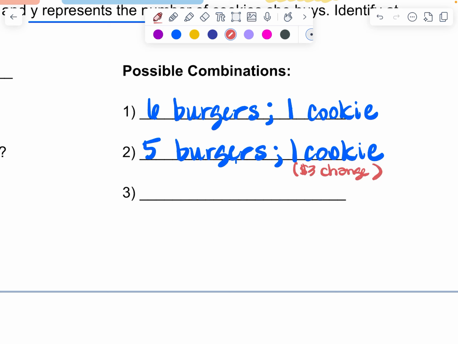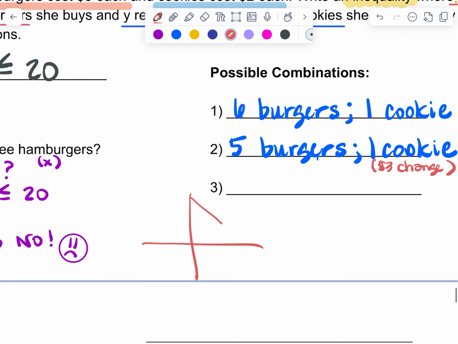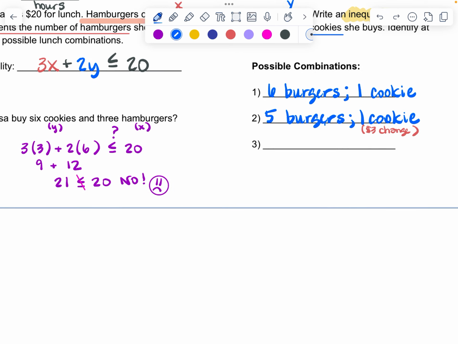I'm going to write that little note here. She would get $3 in change back from her 20, right? But that doesn't mean it's not a solution, because this is technically a linear inequality, right? So we're talking about graphing, and we're talking about a solution region. So she can have any combination of burgers and cookies as long as it's less than or equal to $20.